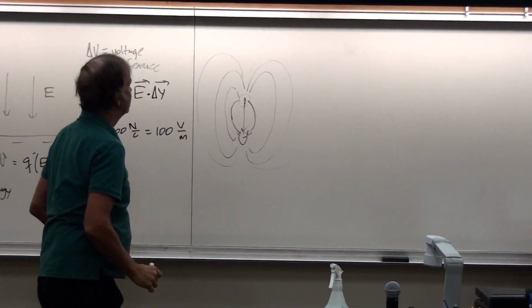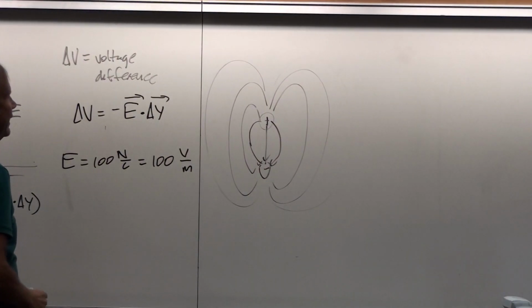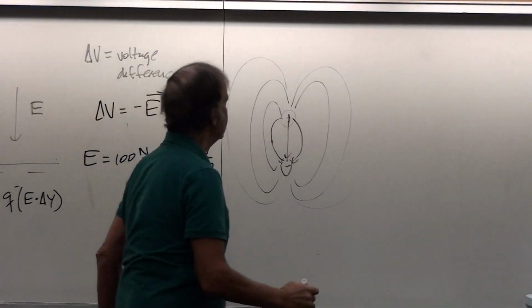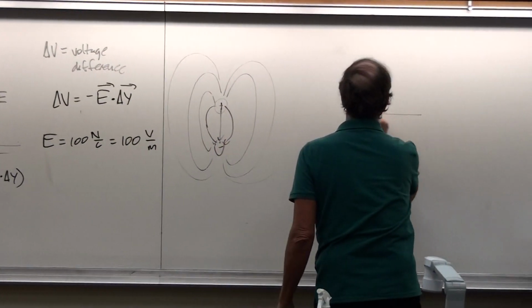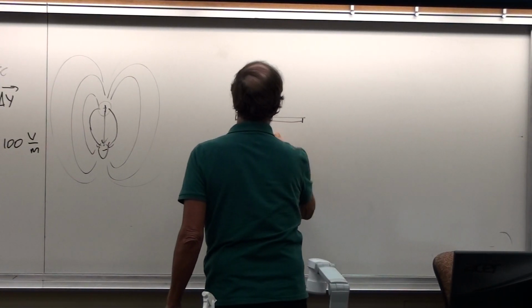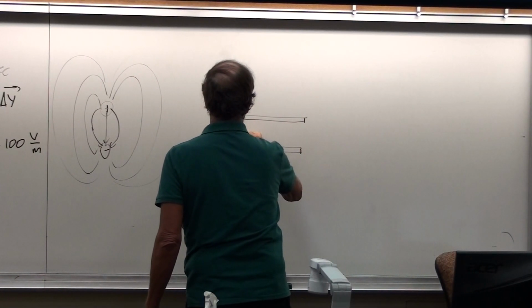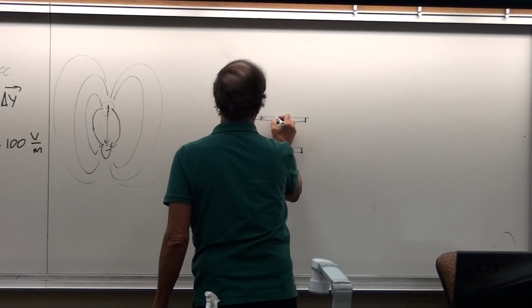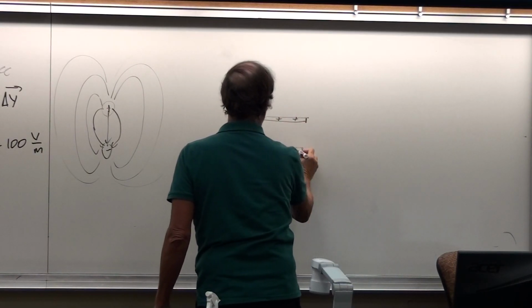And so our goal then in this lab is to try to reproduce this field pattern and also this field pattern for an infinite plane of charge, which we have, say, positive on this side, negative on that side.